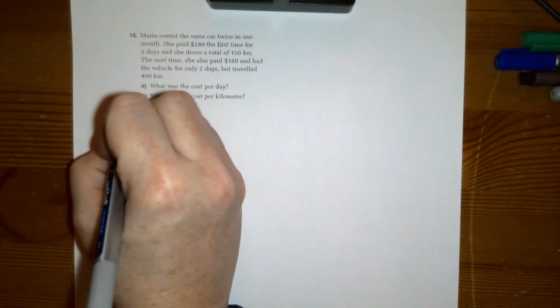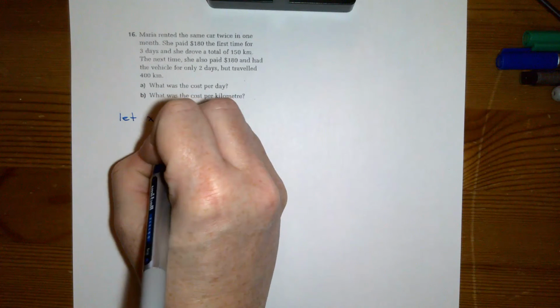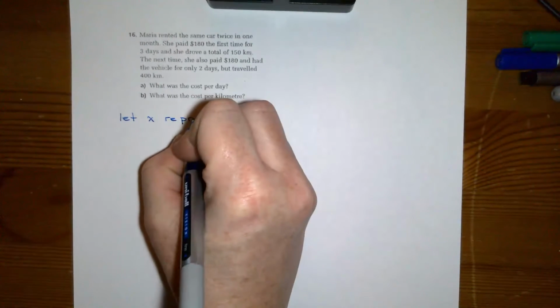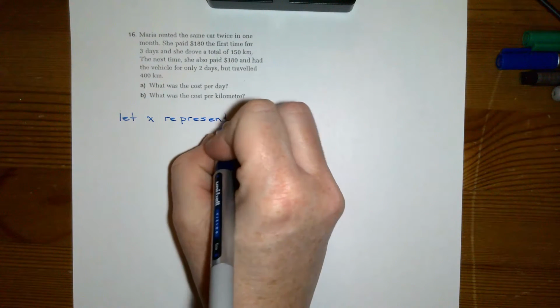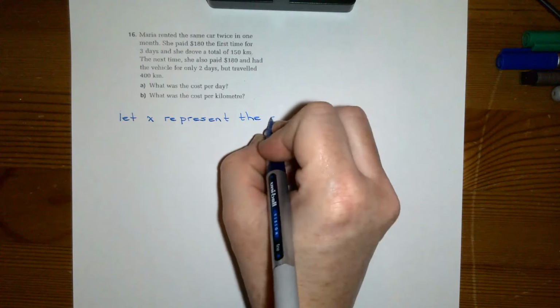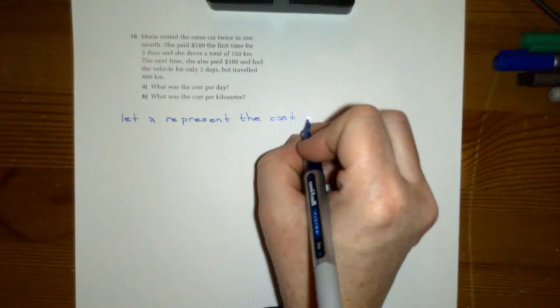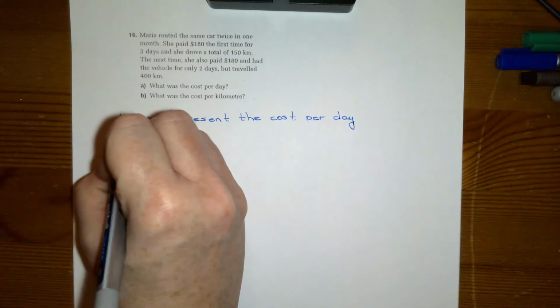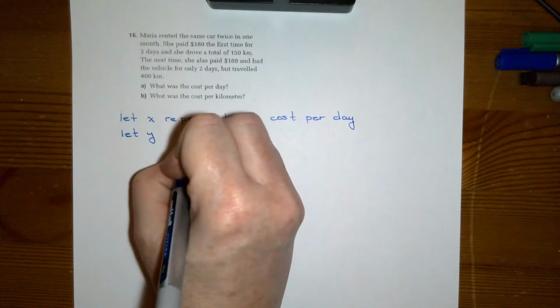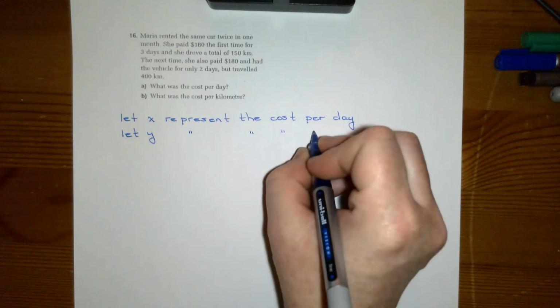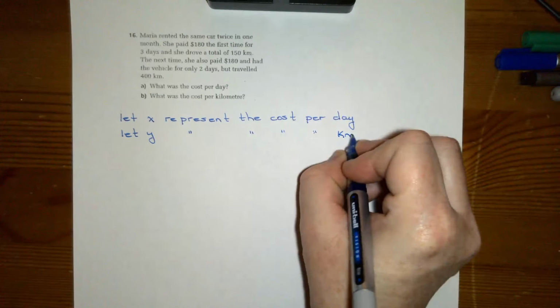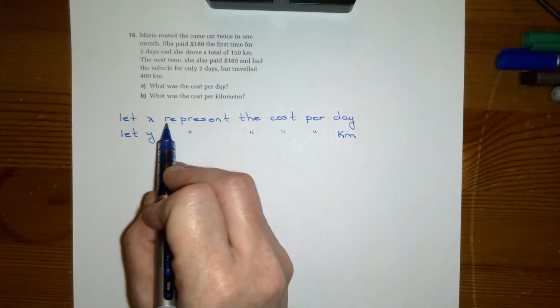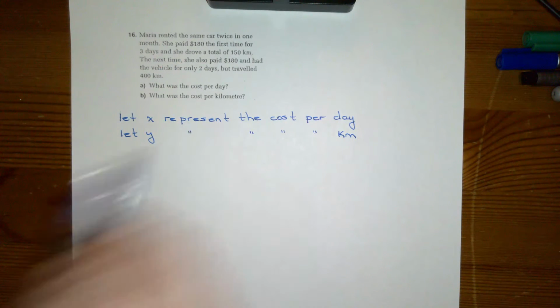So we're going to let X represent the cost per day, and then we're going to let Y represent the cost per kilometer. And these two dashed lines just mean that this word here is the same as this one here.